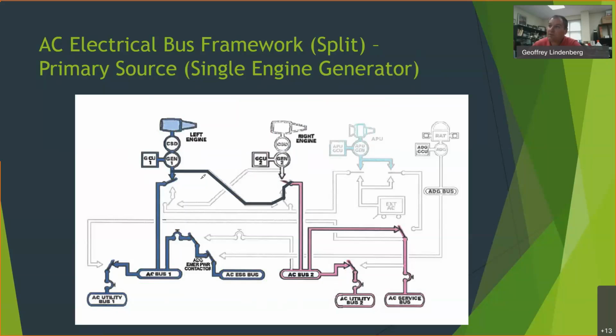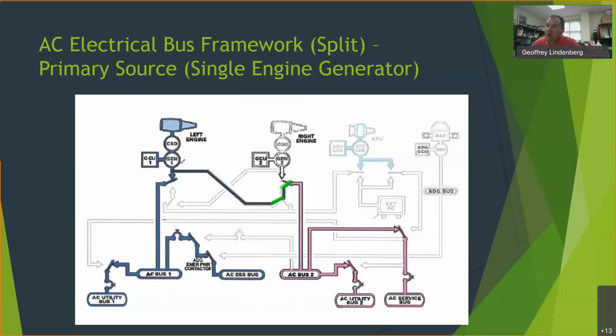And my pen tool doesn't want it. There we go. Now instead of the power from each of these going to their buses, this switch right here, when the right generator shut off, moved into this down position right here. And the switch below here is no longer in that position, it moves into this position here.